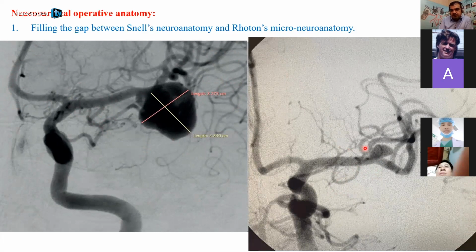Very clear, and usually there is maybe a trifurcation, as seen in this figure. So this is a very good way of studying anatomy. Always try it when you are studying the middle cerebral artery: search for MRI and angiography of the middle cerebral artery to see the real anatomy more.